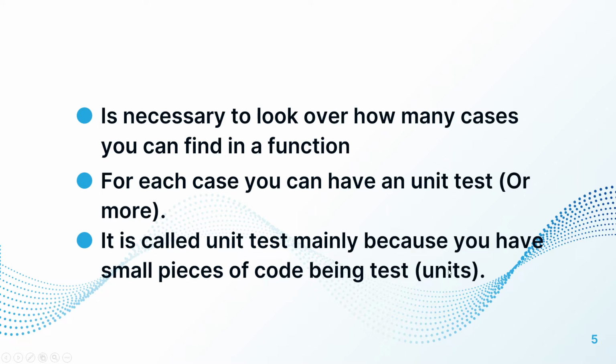As I said before, once you apply your SOLID principles, you will have all your code split in small pieces, so it will be much easier to keep your code testable.